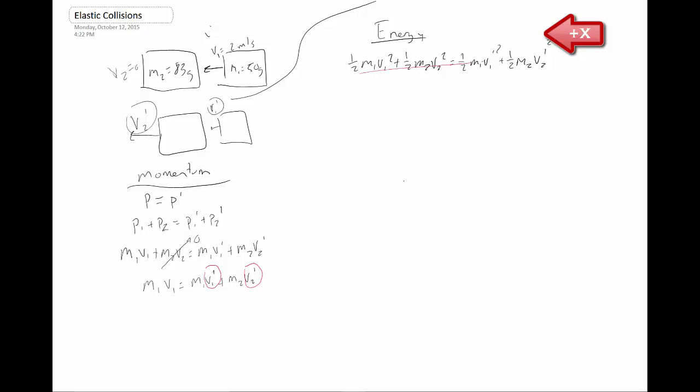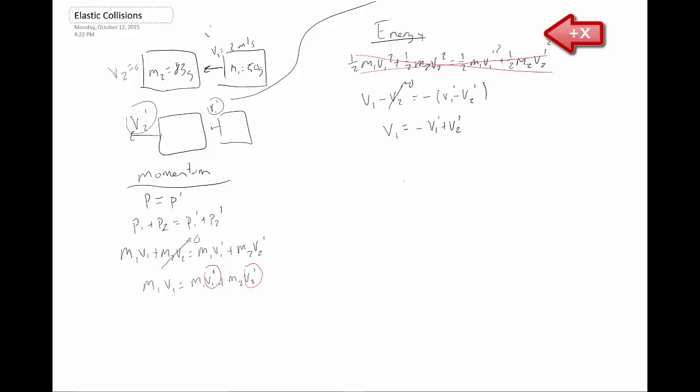I'm going to save you some work by telling you that this equation is equivalent to this one, which says v1 minus v2 is equal to minus (v1 prime minus v2 prime). What that's saying is that the relative velocity of the two switches. You'll see how it comes out. So this helps out a lot. Again, v2 we know is 0, so that gets rid of this. This just says v1 is equal to minus v1 prime plus v2 prime. I've just distributed that minus sign throughout.